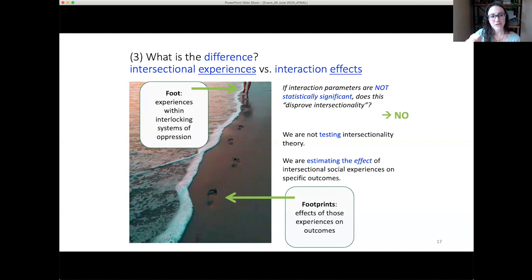It's better not to think of it as a theory that's testable here, and more as a theoretical framework for how we are choosing to set up our analysis. So we are estimating effects of those experiences on outcomes. And then my important caveat, of course, making sure to reject reification and biological determinism. The foot is real. It is racism, not race in a biological sense.